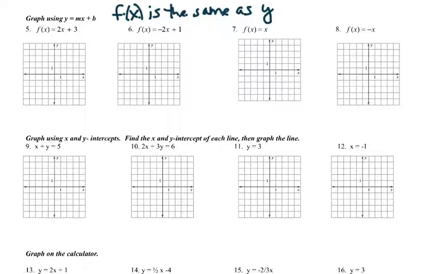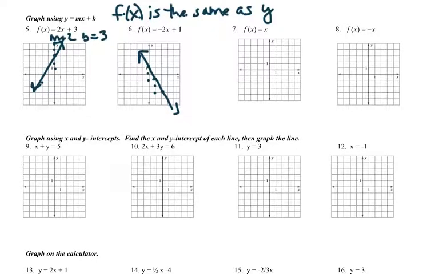So f of x is 2x plus 3. Do you remember that the m is 2 and the b is 3? That you go up 3, from there up 2 over 1, or down 2, back 1. Y-intercept here is 1, down 2 over 1, down 2 over 1. This should be simple for us.